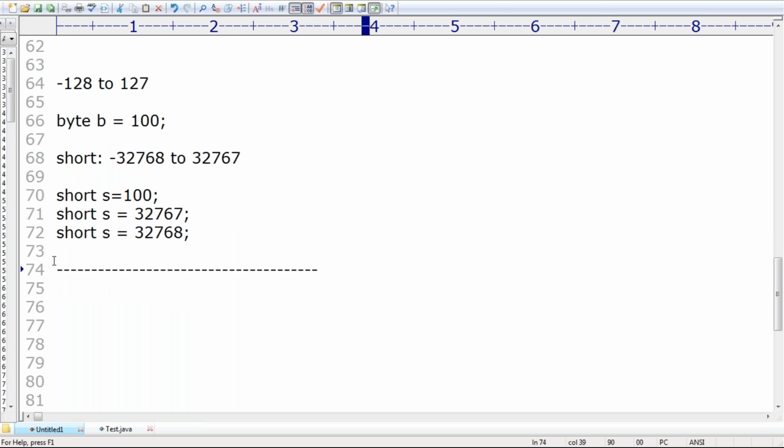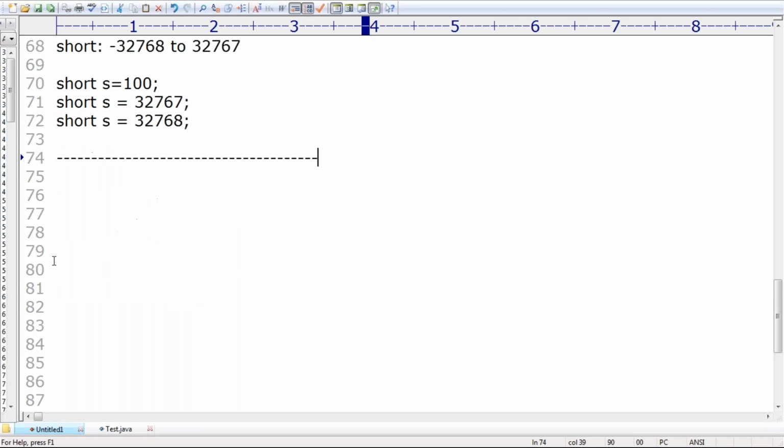Sir, let me repeat the points once again. By default, every integral literal is of int type. We can specify it explicitly as long type by suffixing with a small l or capital L. Next, there is no explicit way to specify byte and short literals.